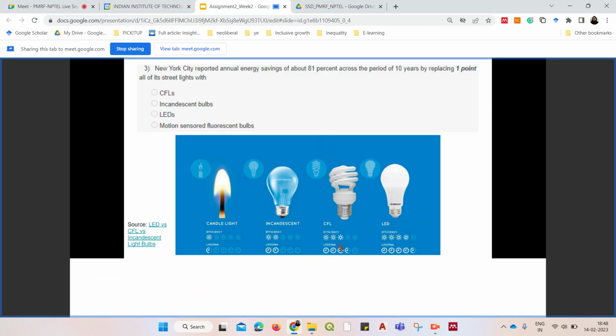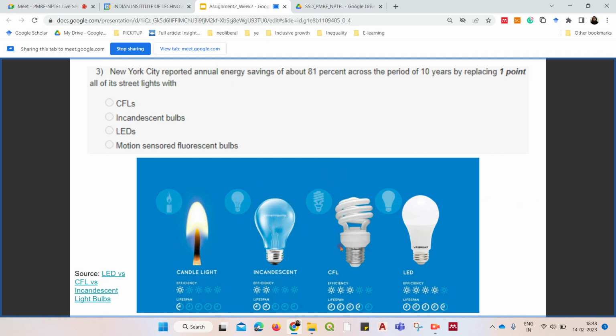Okay, I hope this question is clear to you. Although it mentioned the specific example of New York City, the answer is LEDs.